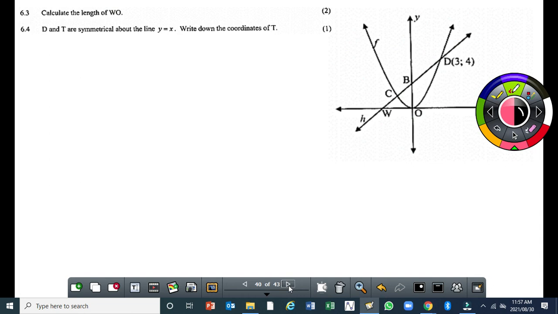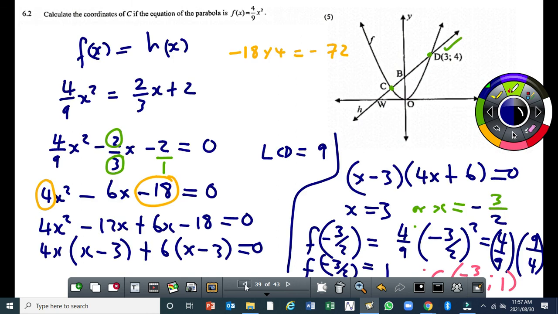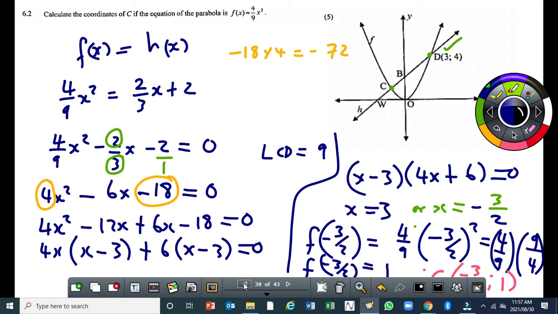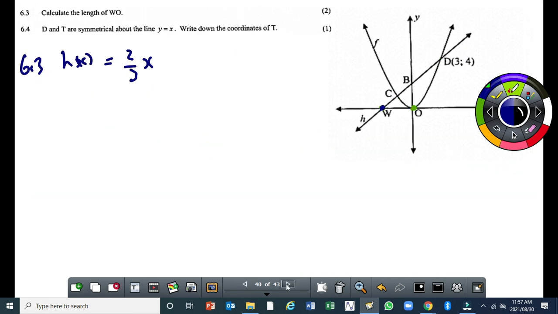Okay, and then you need to calculate the length of WO. So the length from here to there. Now we know that at the origin x is 0, but we need to know the value of x at W. So we use the linear function. The linear function is h of x equal to 2 over 3x plus 2.